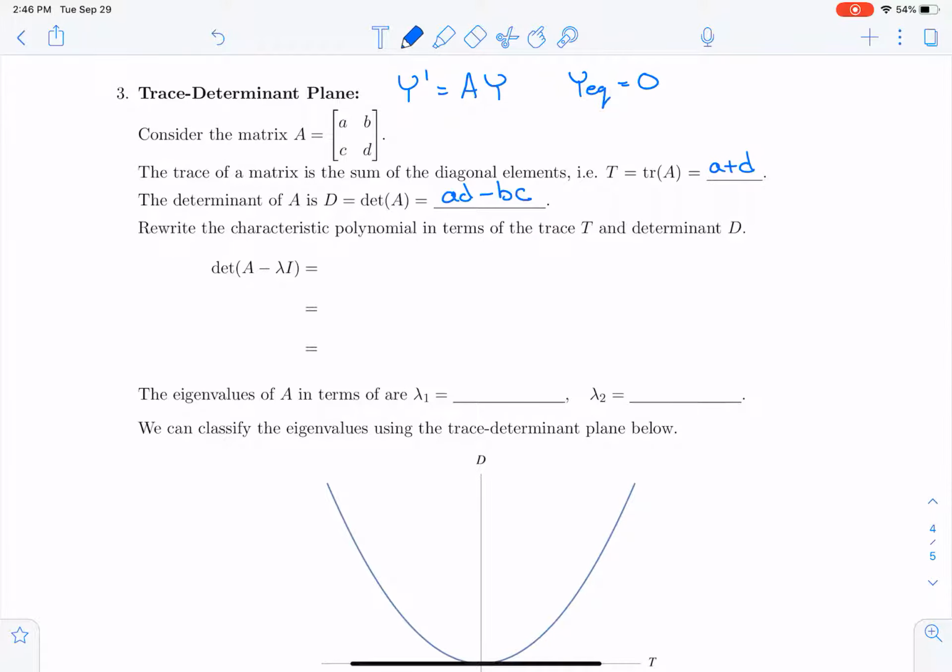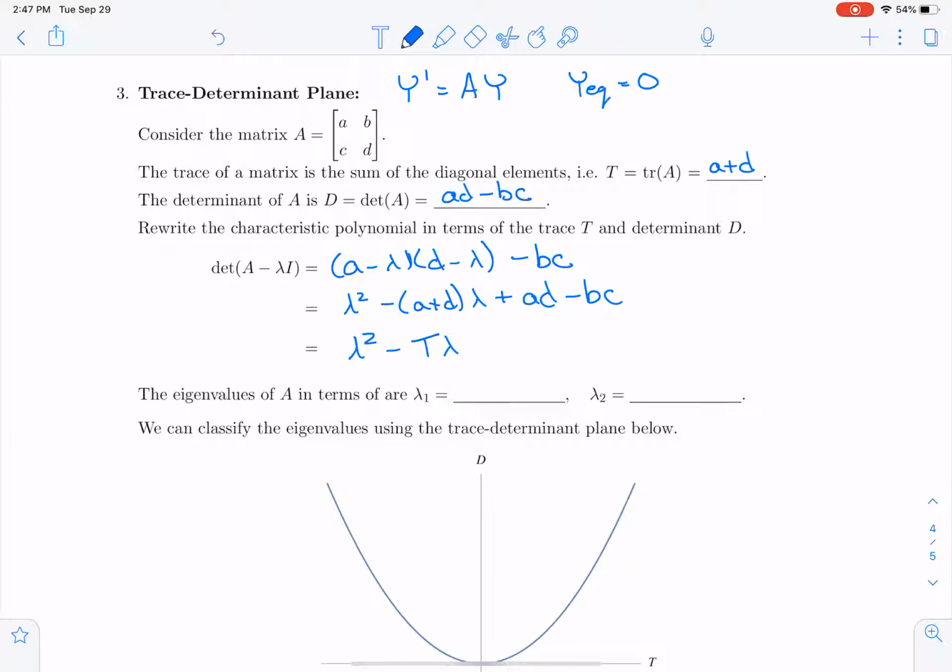If we take the determinant of A minus lambda I, we will get A minus lambda times D minus lambda minus B times C. And then if we expand out, we should get lambda squared minus A plus D times lambda plus AD minus B times C. So in fact, our characteristic polynomial is lambda squared minus the trace times lambda plus the determinant.